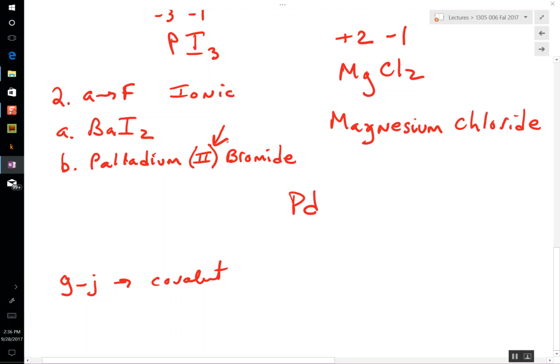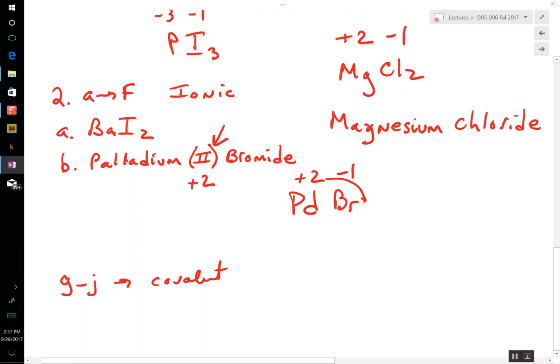And because of this, you know it has a +2 charge. And you already know what bromide is. What charge does it have? -1. Okay, so right there you're equipped with enough to figure out what the formula of this is.